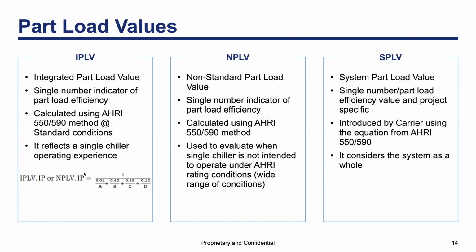As we can see in the slide, from left to right, the IPLV is calculated based on predetermined conditions established by the institute, AHRI. These conditions are flow rate, chilled water temperature, and condenser temperatures at different capacity points.